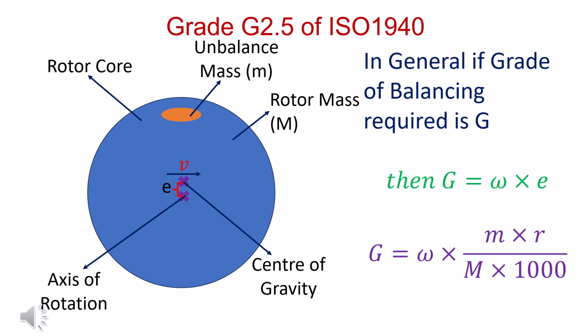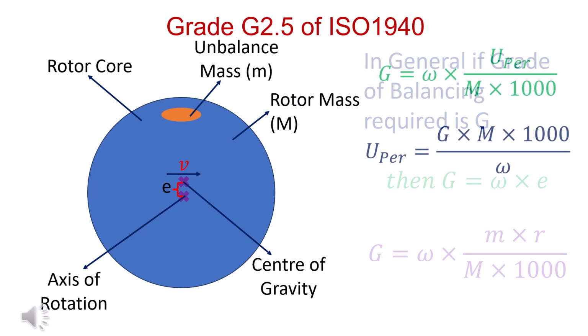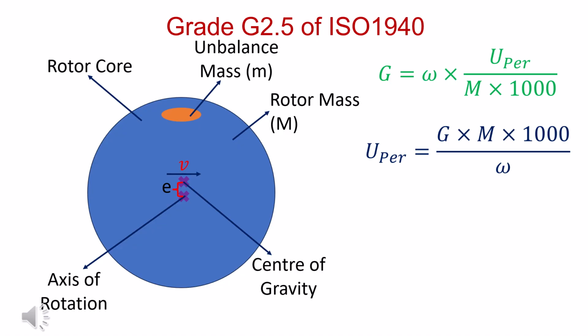In general, if grade of balancing required is G, then G is equal to omega into e. G is equal to omega into m into r divided by capital M into 1000. G is equal to omega into permissible unbalance divided by capital M into 1000, or permissible unbalance is equal to G into M into 1000 divided by omega.